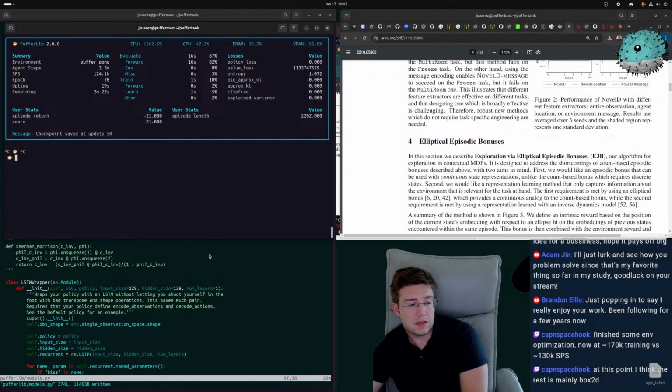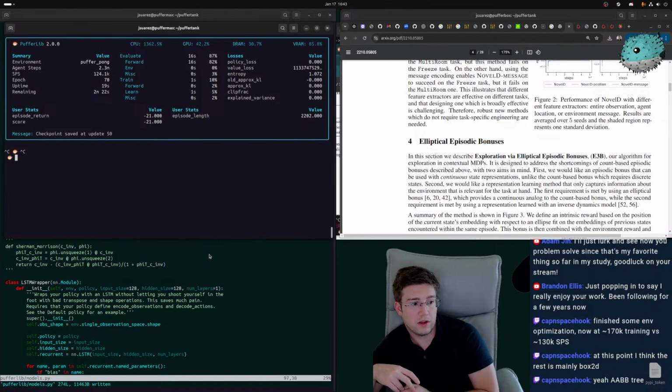Yeah, the rest is mainly Box2D. So the question's basically going to be, when we strip down Box2D, is there anything we can find that's slow there? Okay, I actually don't know what an AABB tree is. I would think you would just want a quad tree or something, or even just a fixed grid, but I don't know.